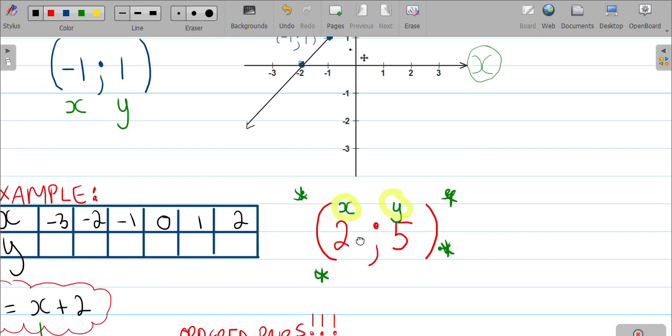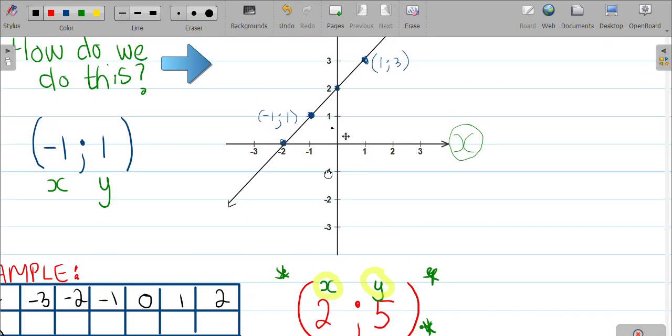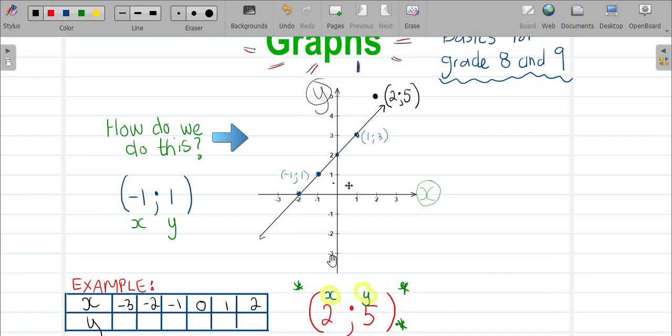So, Mr. Hing, what do you mean? Well, let's have a look at our Cartesian plane. Let me just zoom out a bit. What that means is our first number is 2 and it represents our x value. All the x values run on the horizontal axis. So where is 2 on the horizontal axis? It's not here, that is -1.